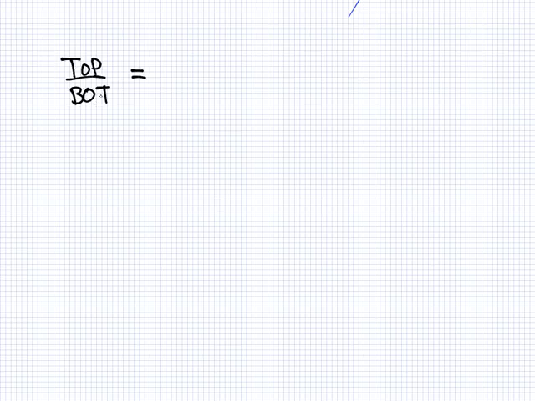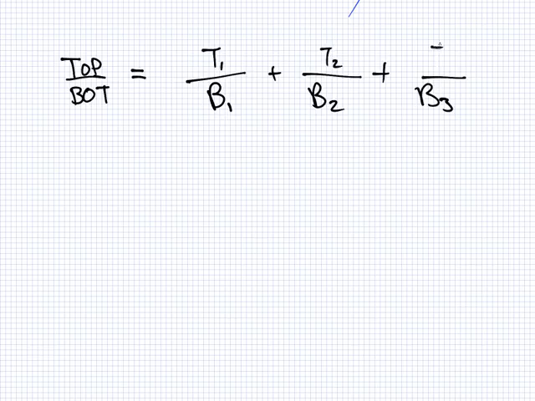And if it's a cubic, it's 3 factors. I'll write here B1, B2, and B3, etc. These are the factors at the bottom. And on the top, T1, T2, T3.